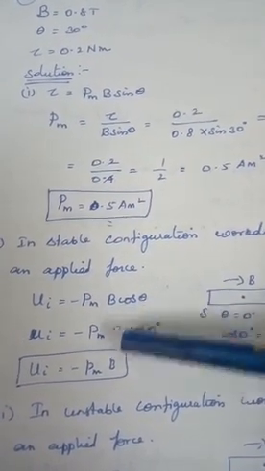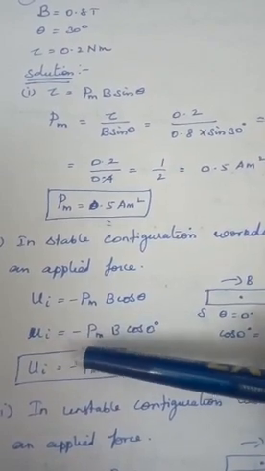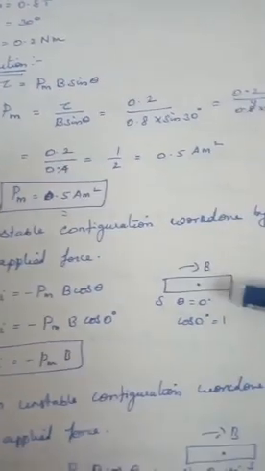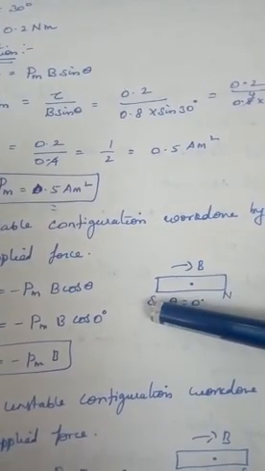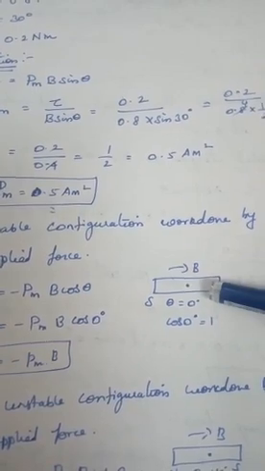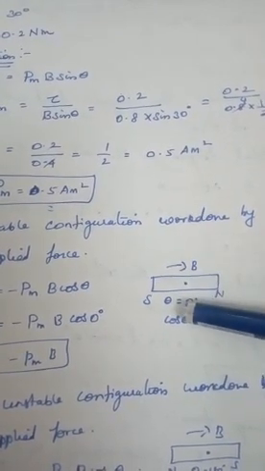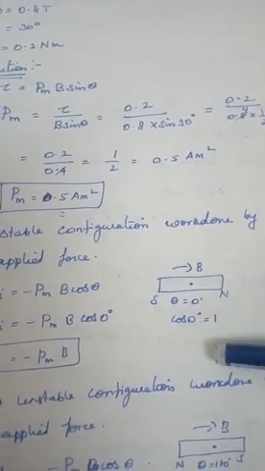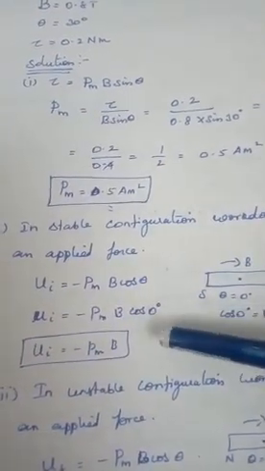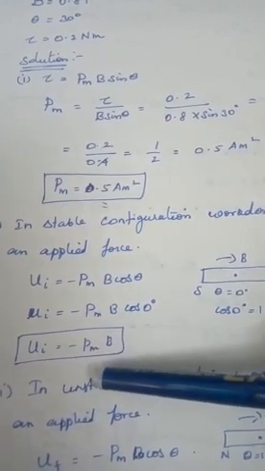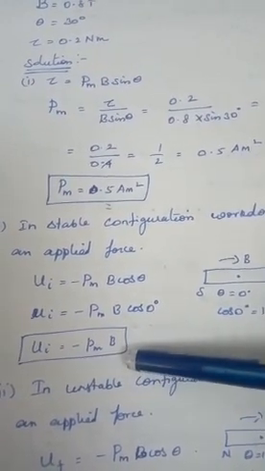We consider a bar magnet with north and south poles. Initially theta is equal to 0 degrees, so cos 0 is equal to 1. Applying that value, finally you get UI is equal to minus PMB.